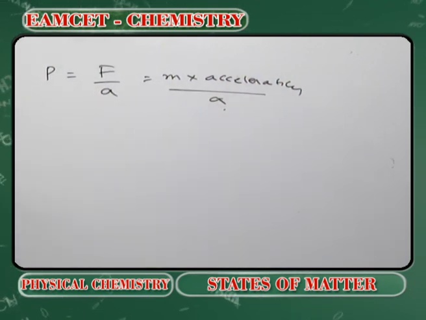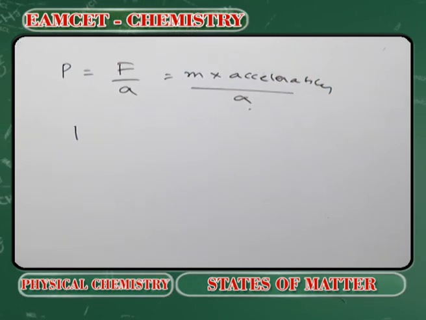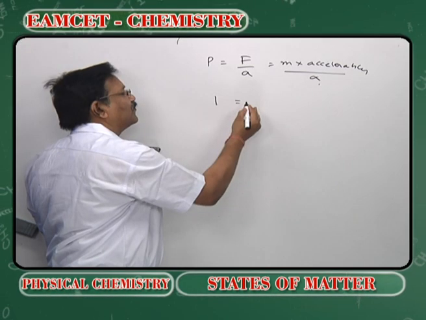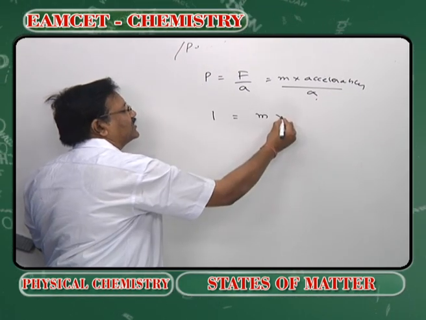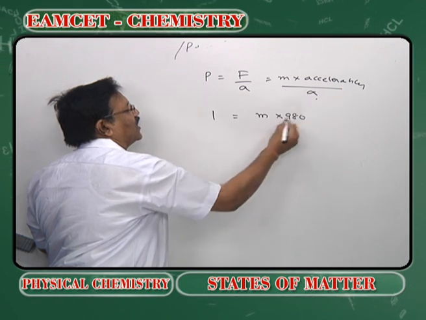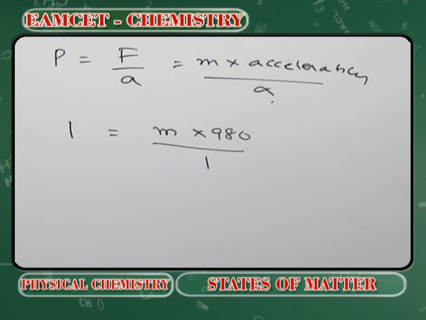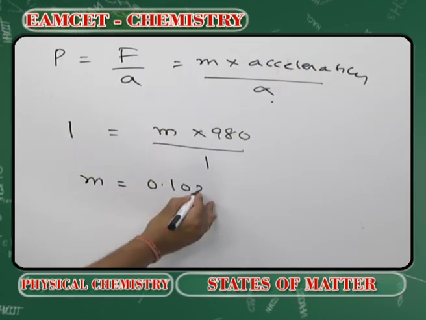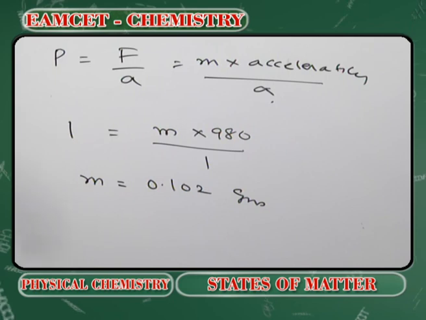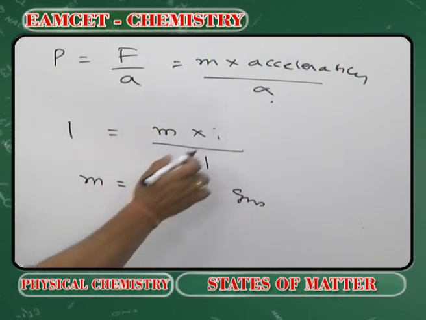Pressure is given as 1 Pascal unit, and we have to find the mass. What is the acceleration due to gravity? 980. And the area is 1. So we will get the mass as 0.102 grams.